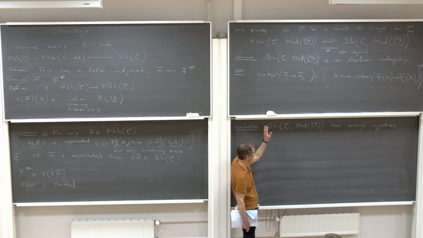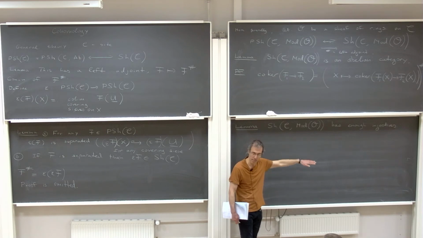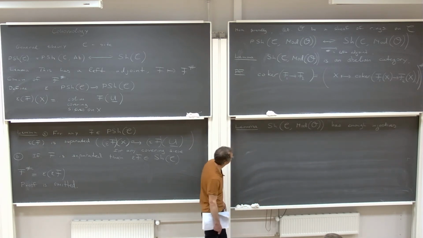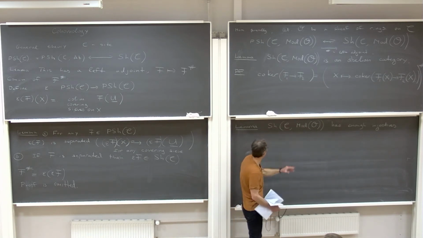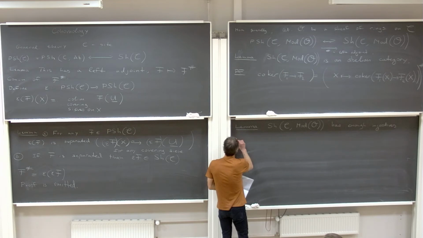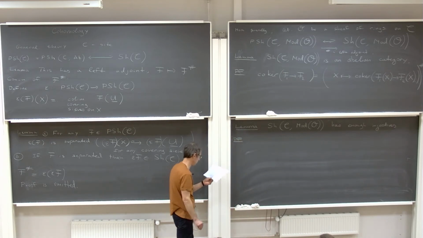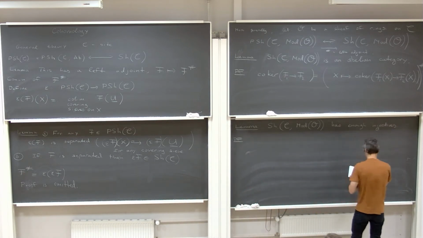And in almost all applications, you can just check that this list of properties Grothendieck formulated are satisfied for the category you are interested in. So I will just explain this categorical lemma of Grothendieck.